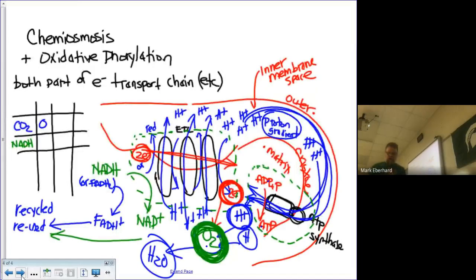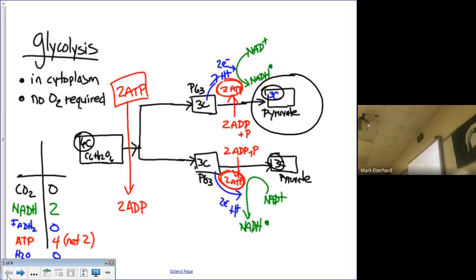NADH. We're not making NADH, but we're harvesting the NADH. So how much NADH is going to come to the electron transport chain for each sugar? So we've got to go back and look. We're just going to scroll back. Go back to glycolysis.